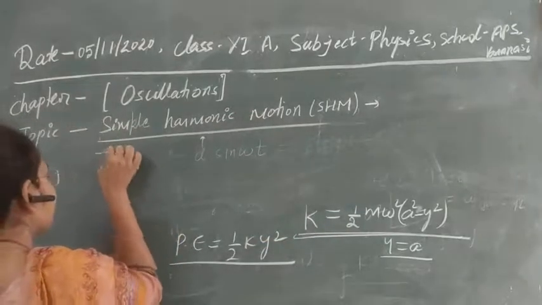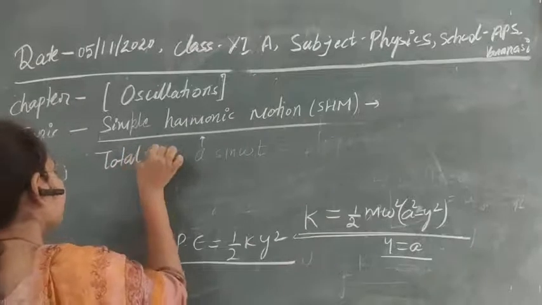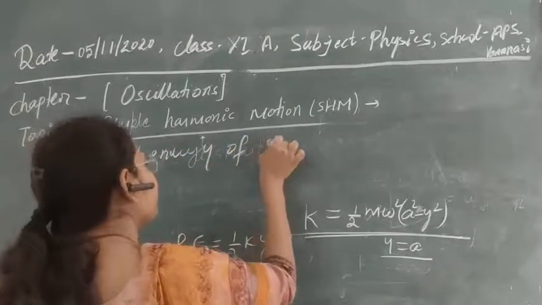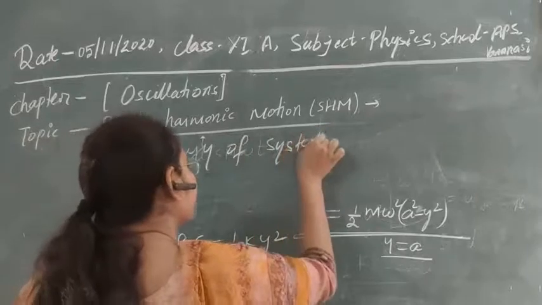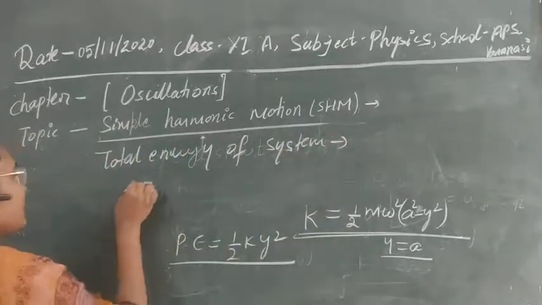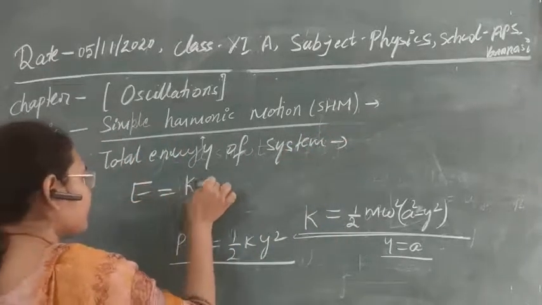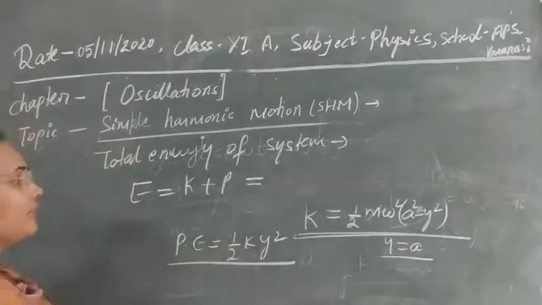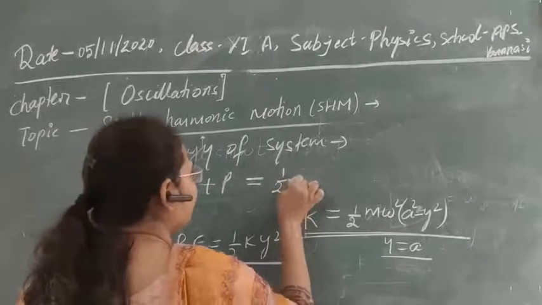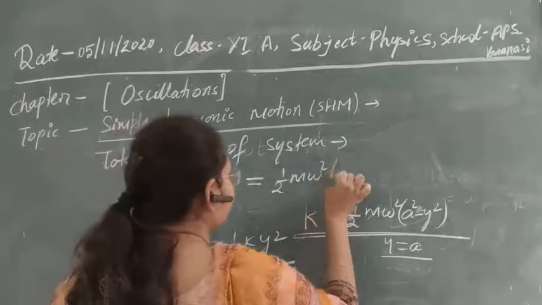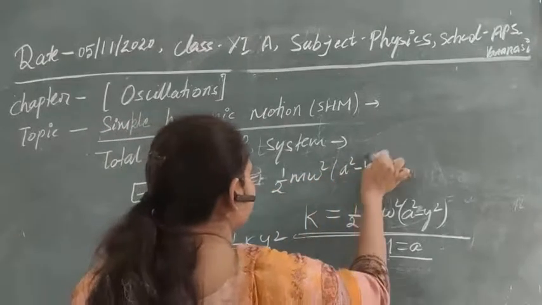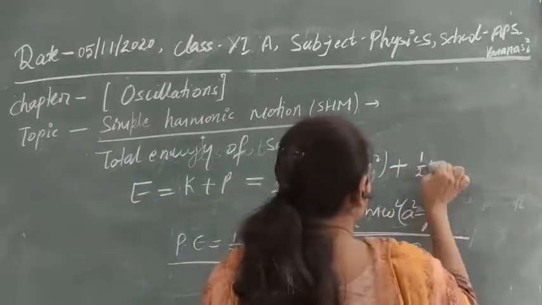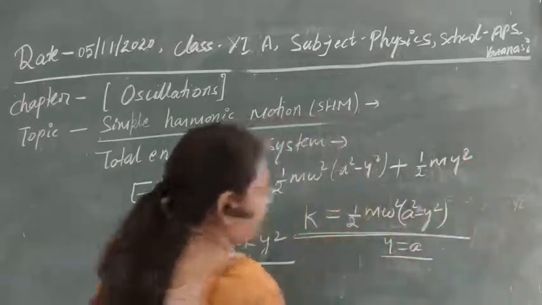So next is total energy. Total energy can be written as kinetic energy plus potential energy. What is the value of kinetic energy? That is half m omega square into a square minus y square, plus the potential energy, which is half m omega square y square.